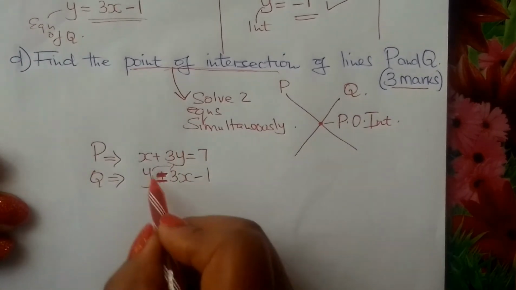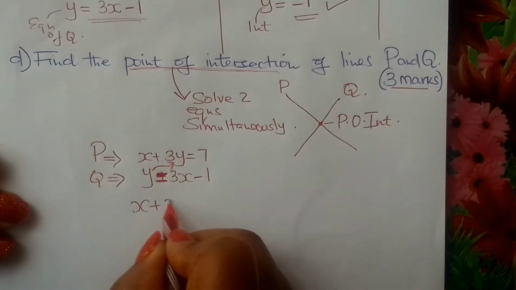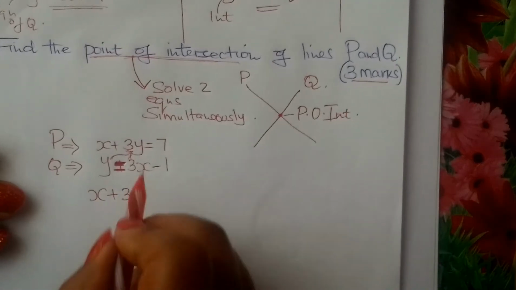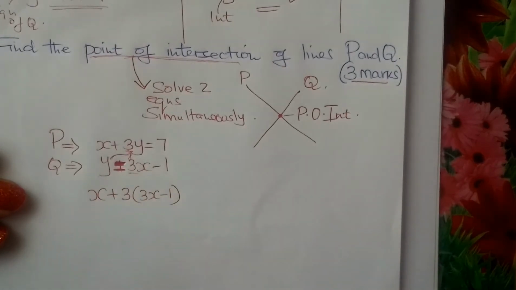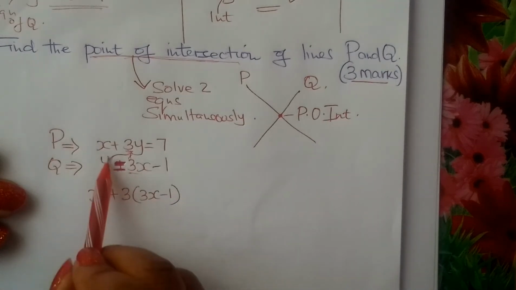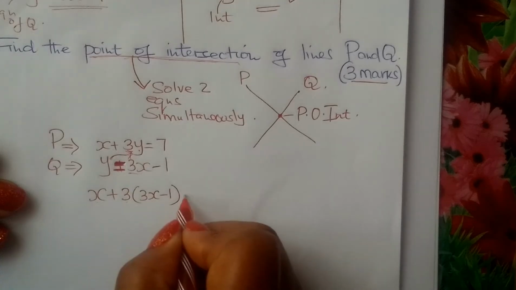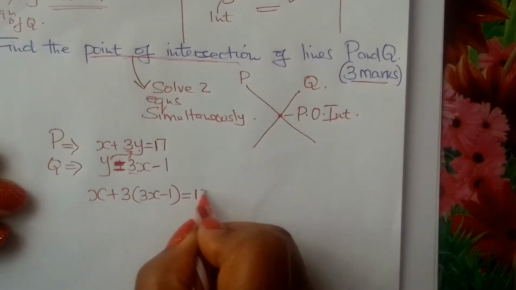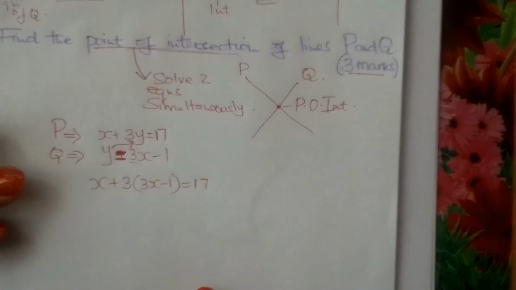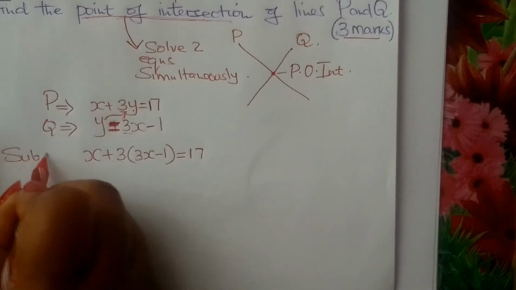By substitution, you pick 3x minus 1 and substitute your y here. So x plus 3(3x minus 1) equals 17. Good. So, Lana, we have done that by substitution.